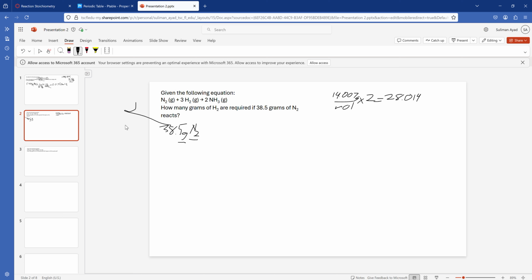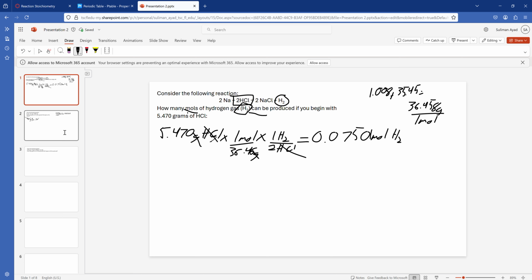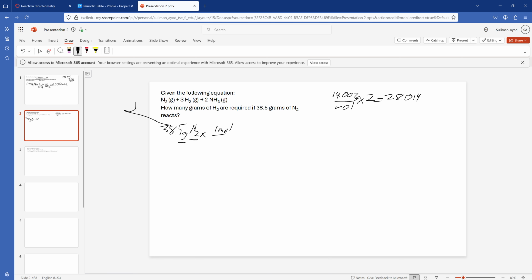Okay, so we're going to multiply this value by 1 mole on the top and 28.01 grams on the bottom.